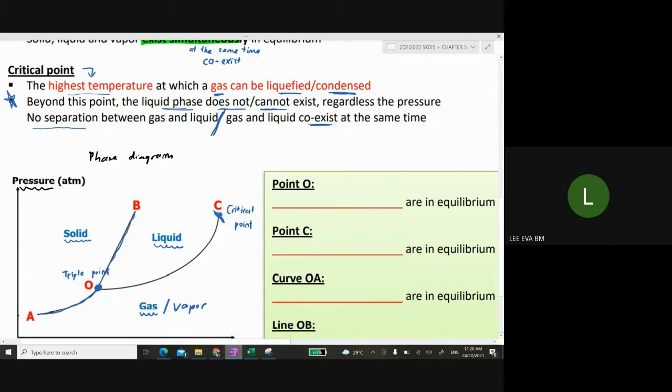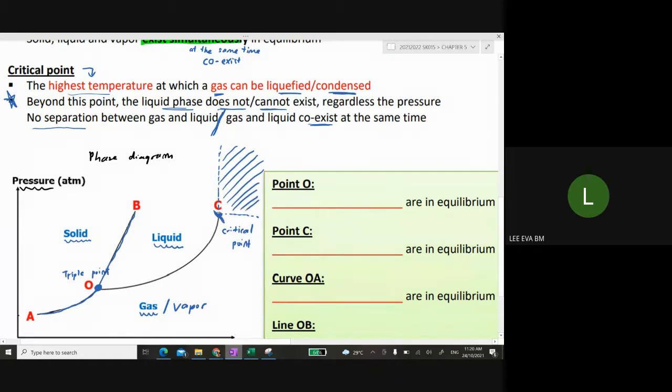Okay, so I want you to further write over here. Dalam awak punya diagram awak tolong lukiskan area sini. Sekejap ya, madam adjust critical point. Kita label ini sebagai critical point. Okay, so beyond this point, kita letak satu area dekat sini.